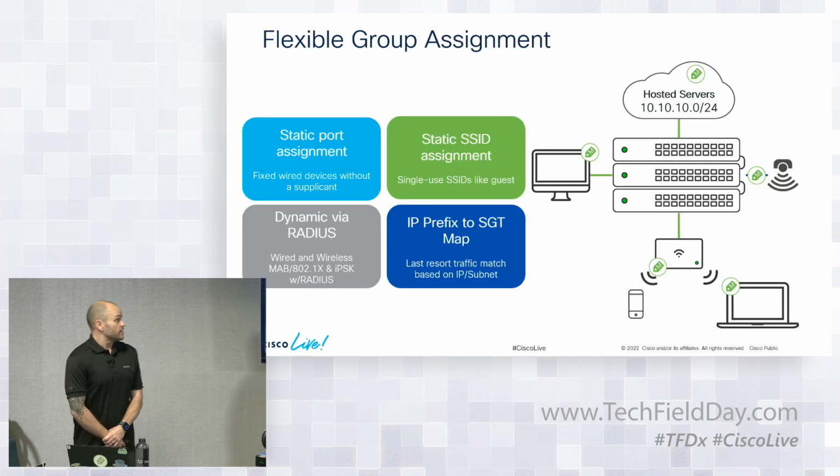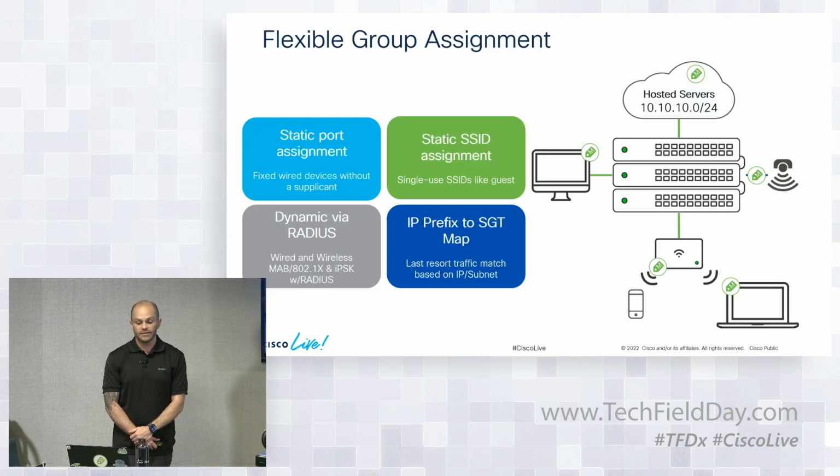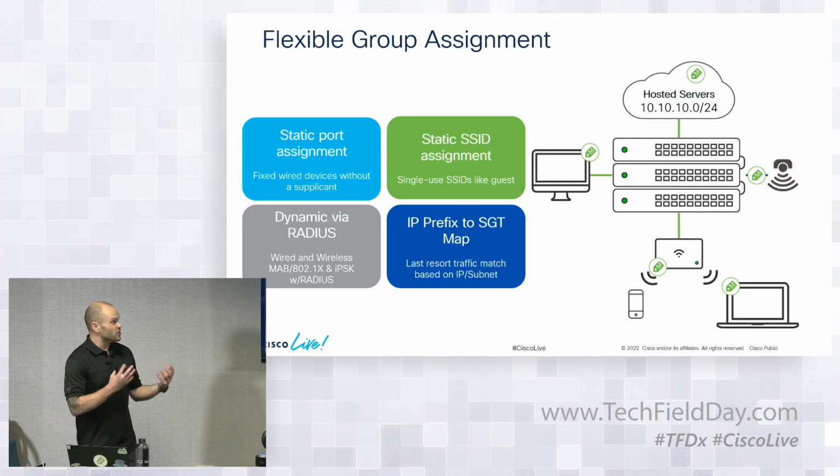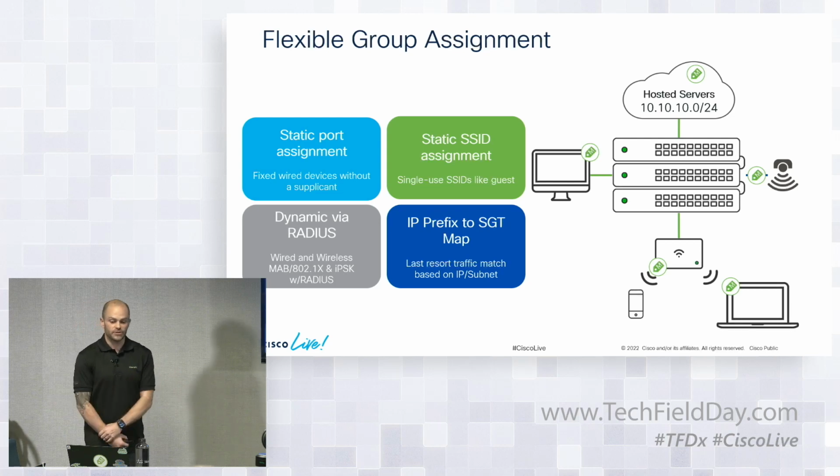Now, to attach a tag to an endpoint, we have a number of different methods. Obviously, there's static assignment. We could do it to a switch port or an SSID. My favorite is using RADIUS, because it allows us to add more conditions to why we attach an SGT to an endpoint.